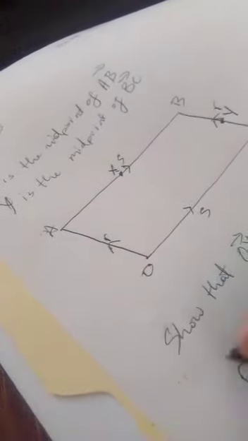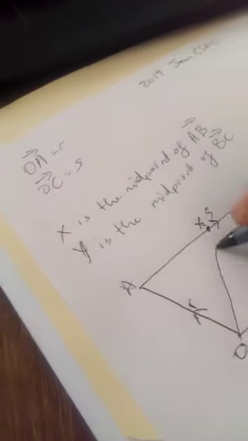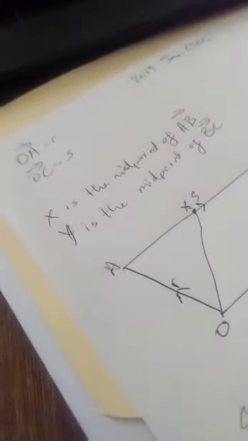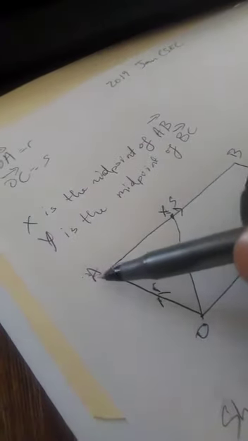So our first thing is to find OX. Remember, if I draw a line from O to X, I won't know that value off the bat. I'm going to have to find a triangular law that would lead me to that. So from O to A would be one method, and then from A to X. So to go from O to X, I'll have to go OA plus AX.